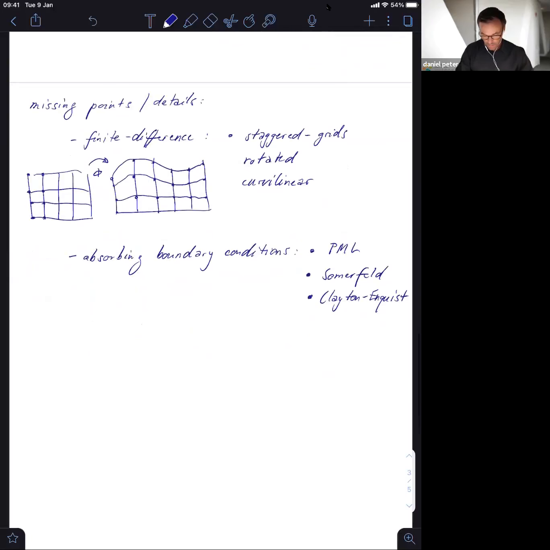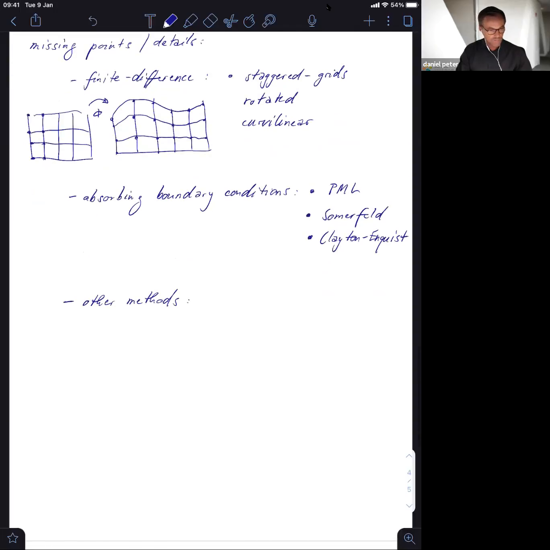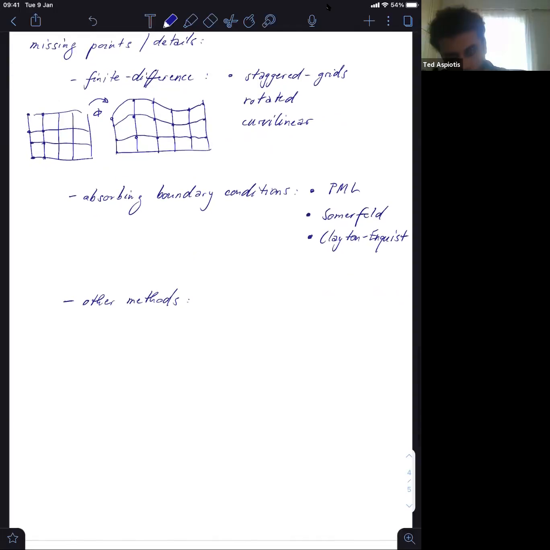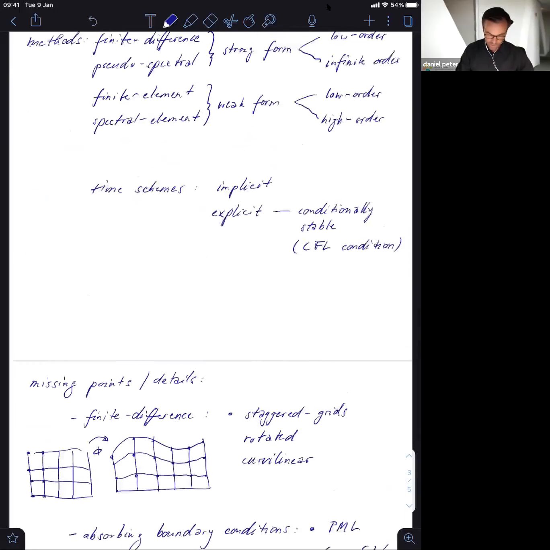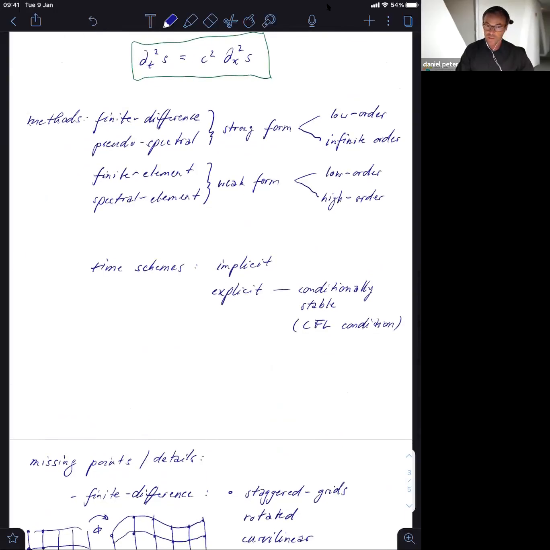Right, and then in terms of other methods, let's call it other methods. Probably the method we haven't looked at so far, and which is the most popular other method we haven't touched yet, is the finite volume.